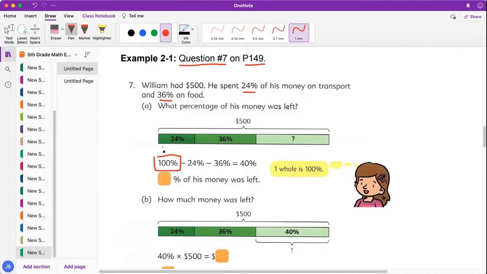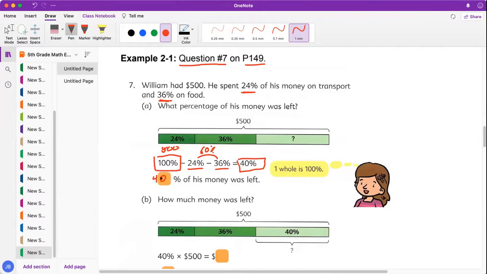So the whole thing is 500, and that's 100%. If he spent 24% and 36%, that means we can add 24% and 36%, which together is 60%. And so 100% minus 60% will give us 40% left. So we can say that 40% of his money is left.